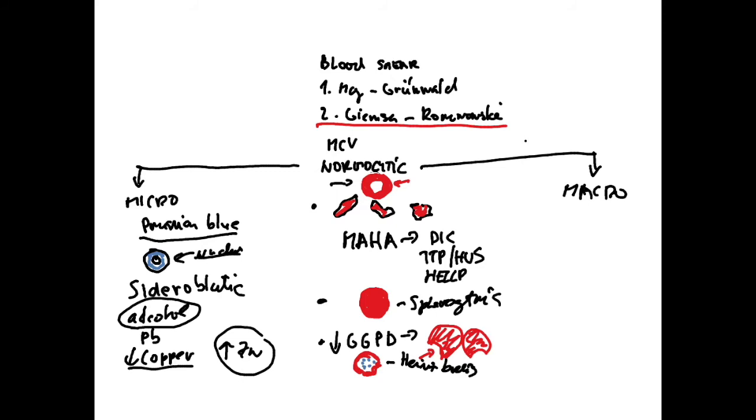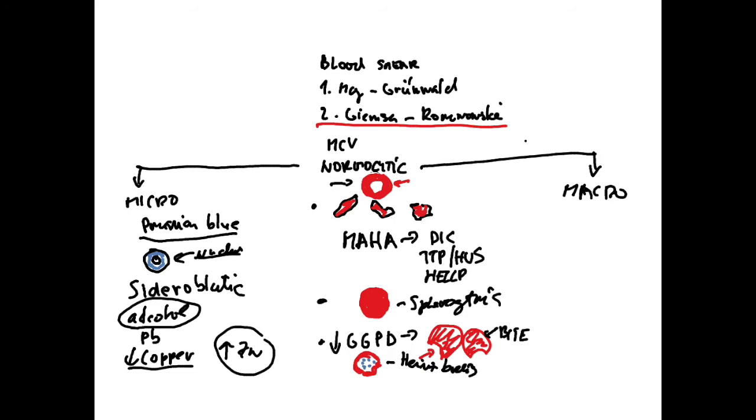It's hemoglobin which is condensed together, so there are spots of condensed hemoglobin. Not only this, you can see Heinz bodies in other diseases, but remember Heinz bodies and bite cells are very much connected with G6PD deficiency.